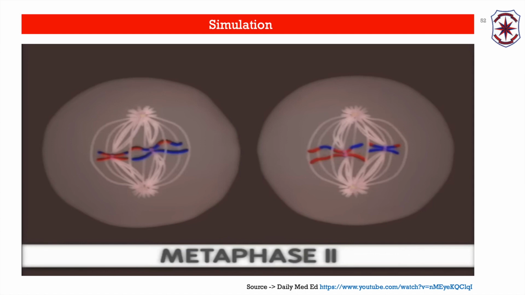Okay, so when you check here, we have the spindle fiber attaching to that side of the chromosome, and the spindle fiber on the other side is attaching to the other side of the chromosome. Okay, so metaphase 2, individual chromosomes line in the equator of the cell, and the spindle fibers attach to the centromeres of the individual chromosomes.